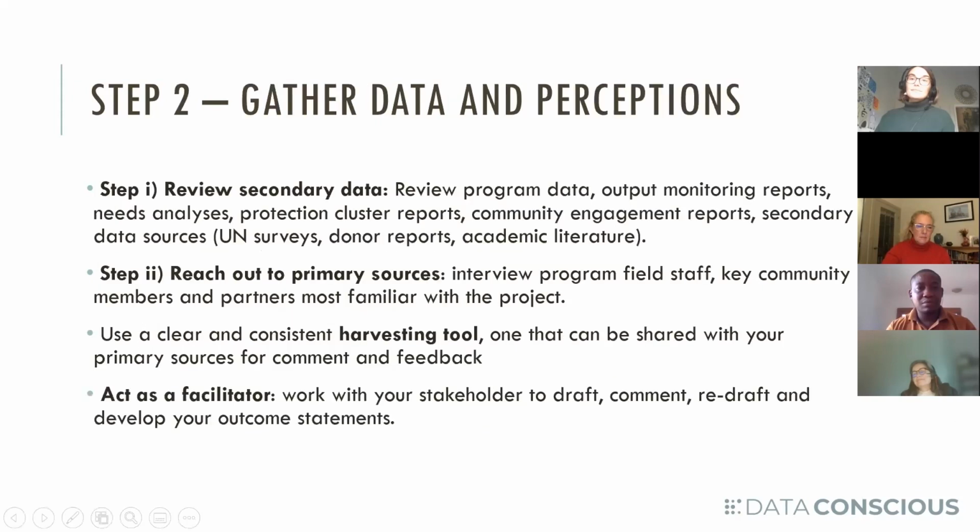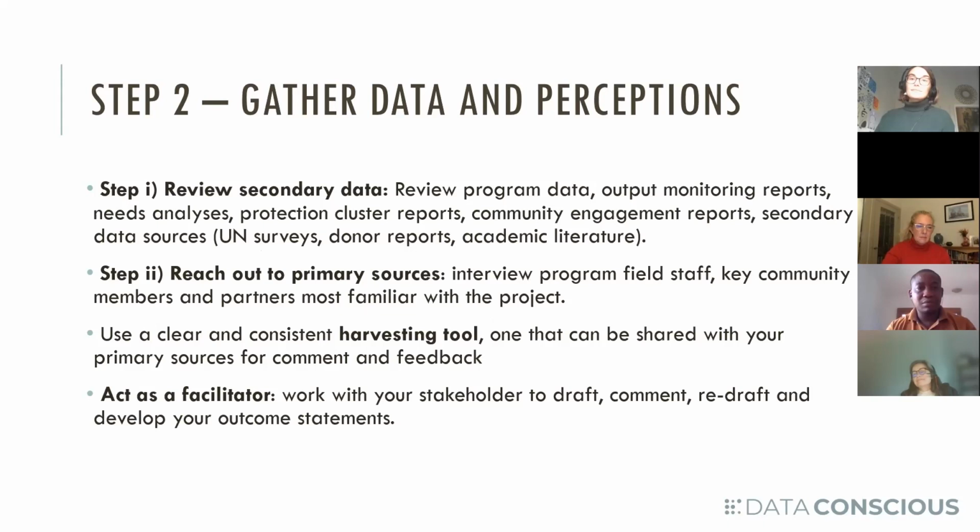So that's step one. Step two is the actual work. So it's the gathering data and perceptions. So here, what we're looking at is getting a good sense of the secondary data and then going out to reach the primary sources. So first step is review the secondary data.